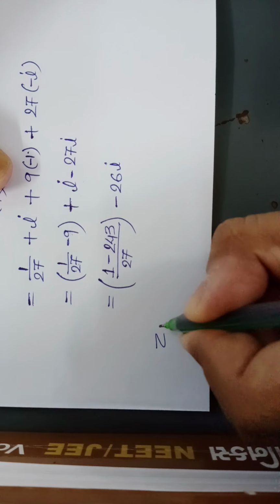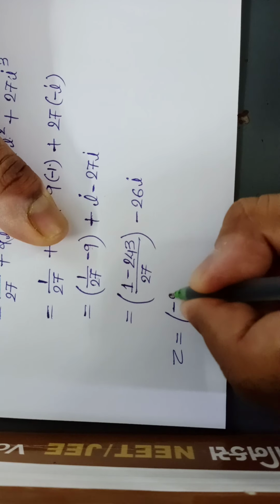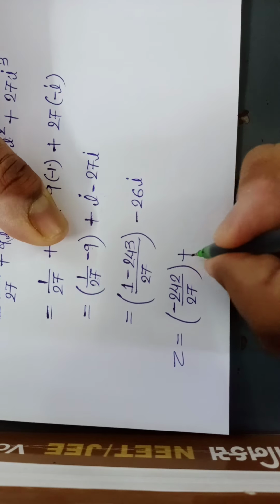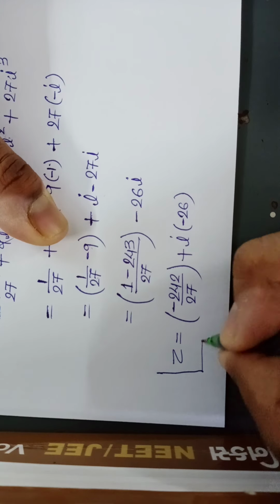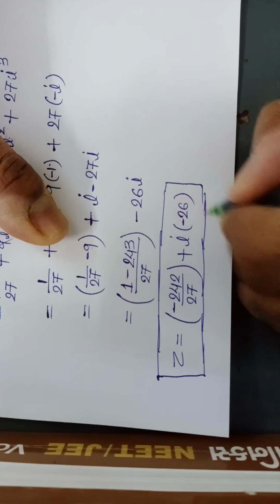Finally, this complex number can be written as minus 242 by 27 plus i into minus 26. Okay, so I think you easily understand this question very well.